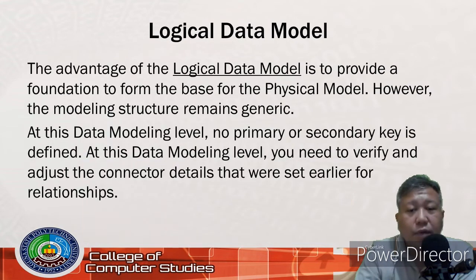Okay, the advantage of the logical data model is to provide a foundation to form the base for the physical model. However, the modeling structure remains generic. At this data modeling level, no primary or secondary key is defined. At this data modeling level, you will need to verify and adjust the connector details that were set earlier for relationships.